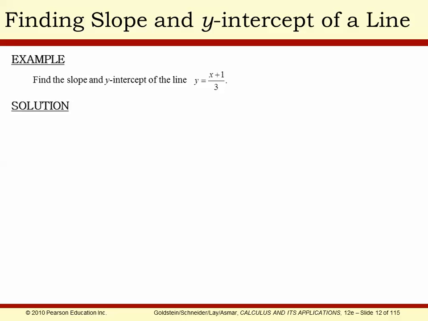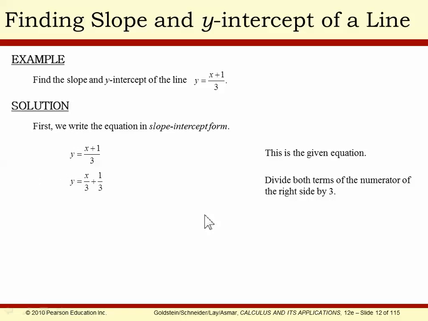What we're going to do is break up this fraction into two parts. Instead of writing x plus 1 divided by 3, we can always rewrite it like this, using the property from fractions: if you have a common denominator, in this case a 3 and a 3, you can just add the numerators and keep the same denominator.